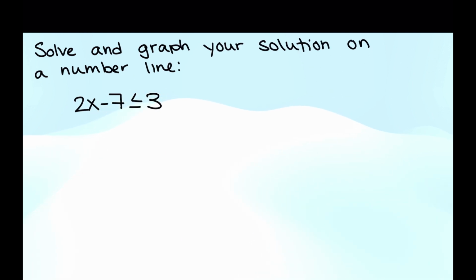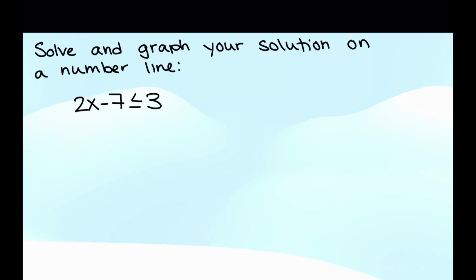All right, so now let's solve some inequalities. And the directions say solve and graph your solution on a number line. So we're going to start with the problem 2x minus 7 less than or equal to 3. It turns out when we're solving linear inequalities, we can use a strategy that is nearly identical to what we did when we solved linear equations.